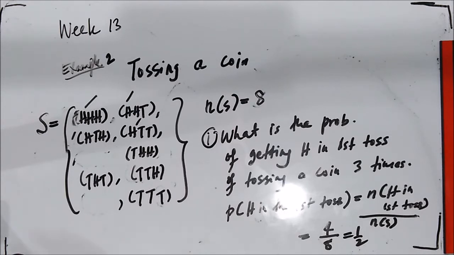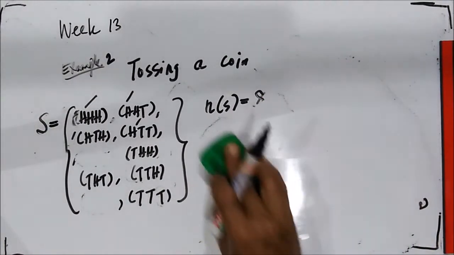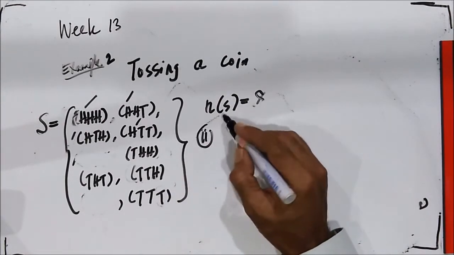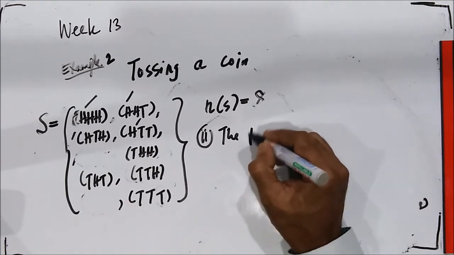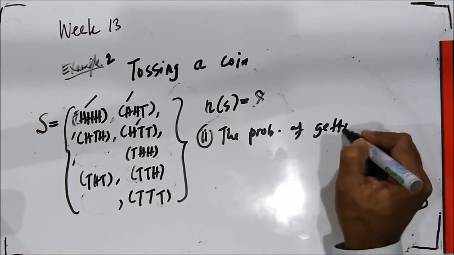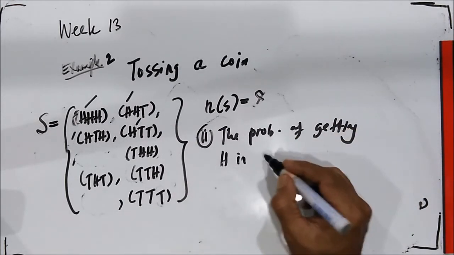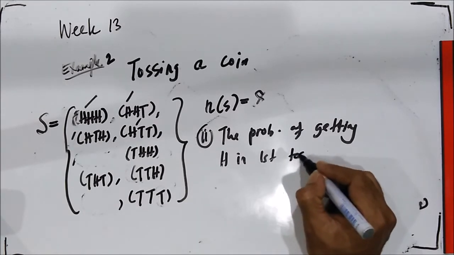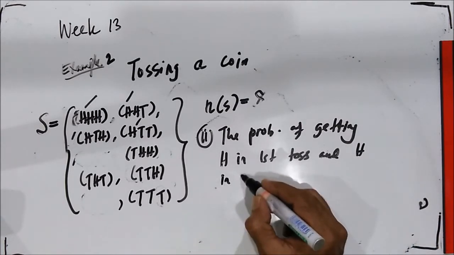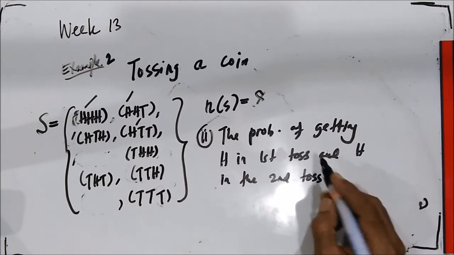So another question is, the second question: find the probability of getting a hit in the first toss and a hit in the second toss.